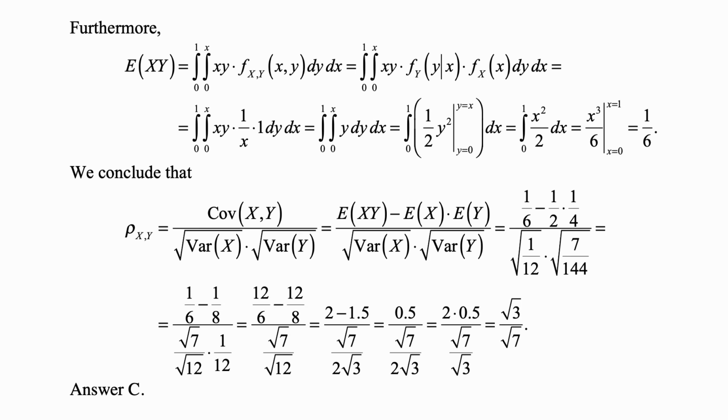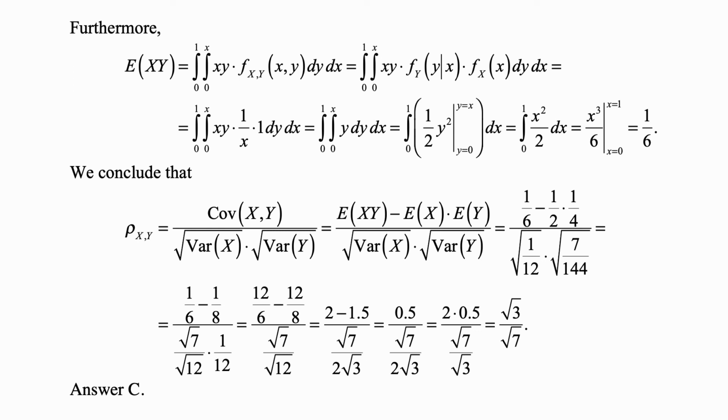That's 1/6 minus 1/8 over the square root of 7 over the square root of 12 times 144. The square root of 1 over 144 is 1 over 12. So that's how we got that. And then 7 is basically moved to the other square root together with 12.